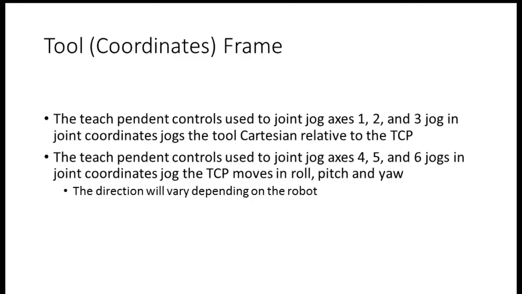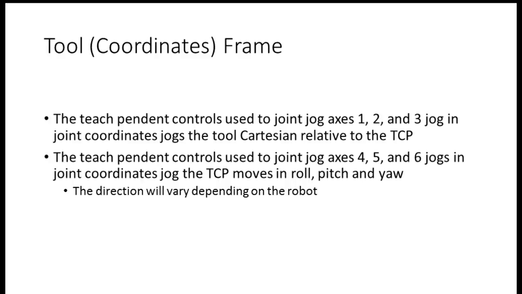Tool coordinates, T-spin, we'll go over and look at this today. The T-spin control used to jog axis 1, 2, 3 in the joint coordinates jogs the tool Cartesian to the tool center. Not the robot. Of course, the robot's going to move, but now our XYZ moves out to the tool. And then roll, pitch, yaw is not going to change.